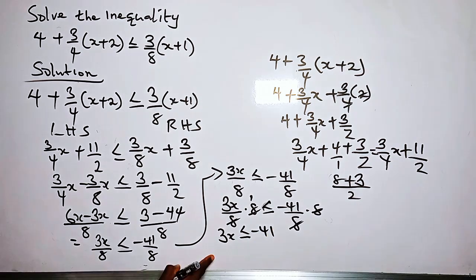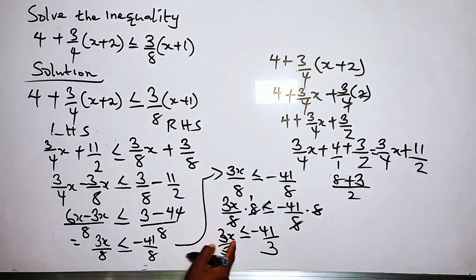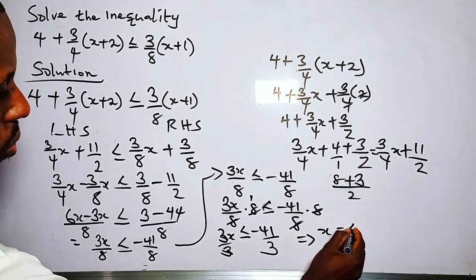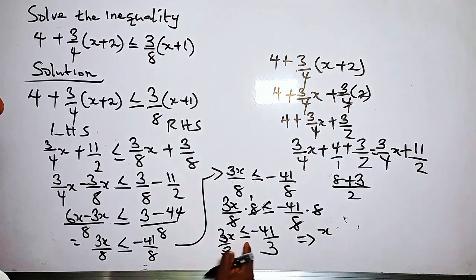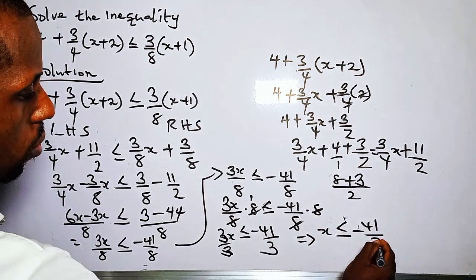The next thing we do is divide both sides by 3, so that x can stand on its own. So we have x less than or equal to minus 41 over 3.